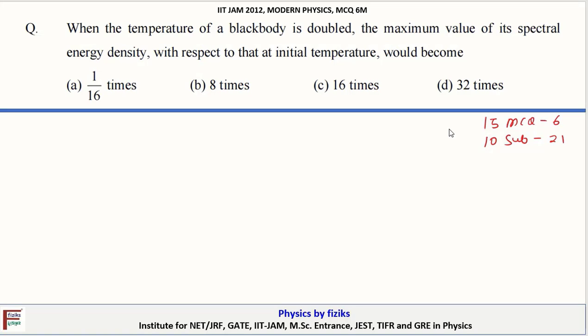Total marks was 300. This pattern was changed in 2013 and 2014, and whatever paper pattern you were checking out was implemented in 2015, and from 2015 the pattern remains the same, that is 10 into 1 marks MCQ, 20 into 2 marks MCQ, and then 10 into 2 marks MSQ, 10 into 1 marks NAT, and 10 into 2 marks NAT.